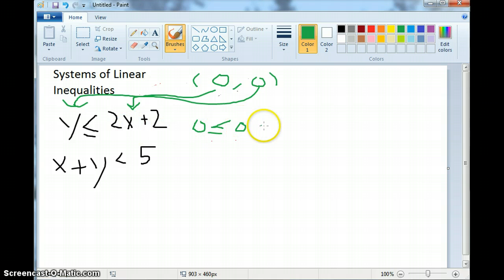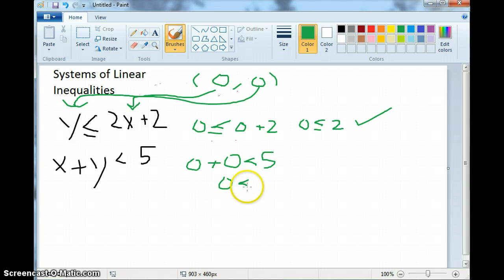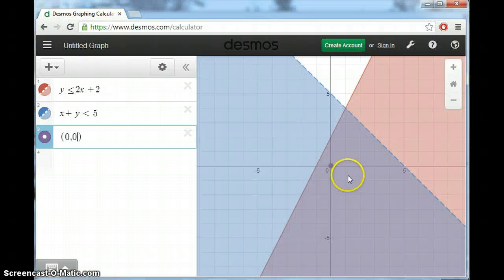That's 0 plus 2. 0 is less than or equal to 2. That's true. x plus y, that's 0 plus 0 is less than 5. 0 is less than 5. That one's also true. Now that both of them are true, you go ahead and graph that part right here. That's why it's purple. That's the one where both shades meet.